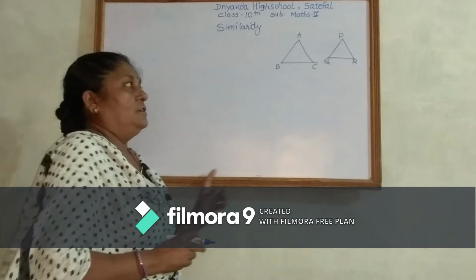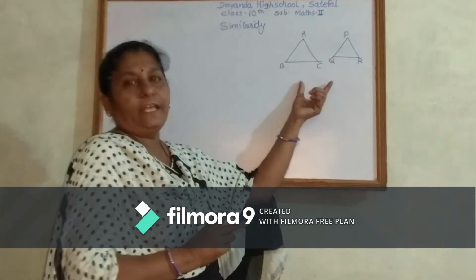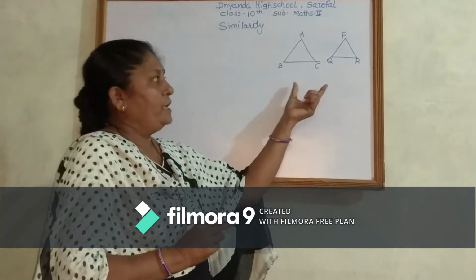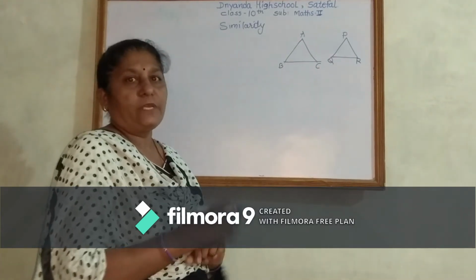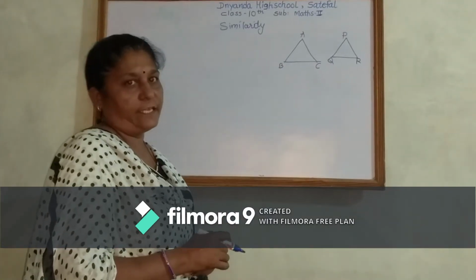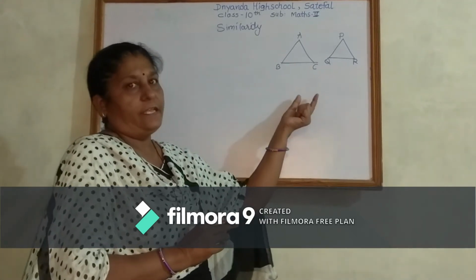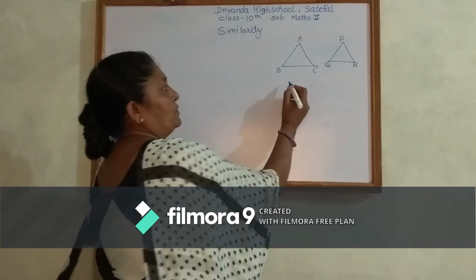Now we have to find the ratio of areas of these two triangles. We know that a ratio is the first quantity divided by the second quantity, and the area of any triangle is half into base into height.